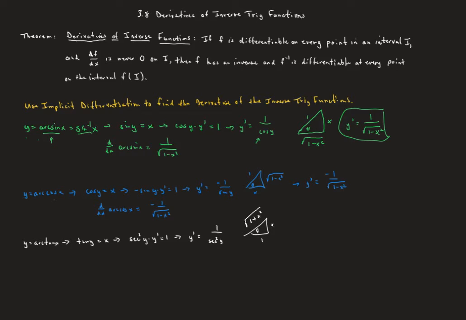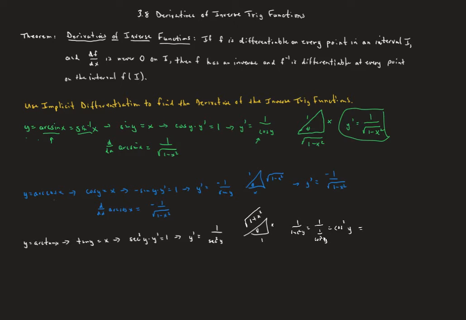So we have, since secant squared is the reciprocal of cosine squared, what we're really getting here is our cosine squared y.